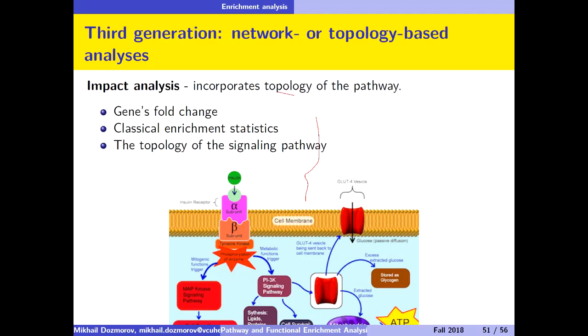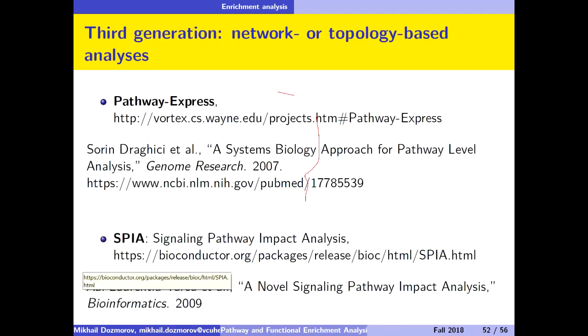So this is where you consider the topology of a pathway. And there are tools that have been developed for it, Pathway Express and SPIA. SPIA, I think, is still a viable approach. That's at least implemented in current methodologies.